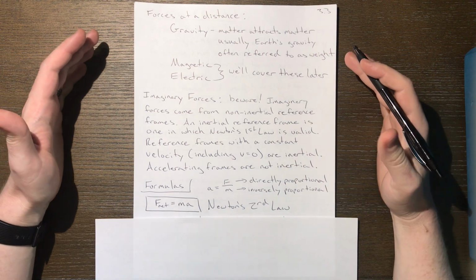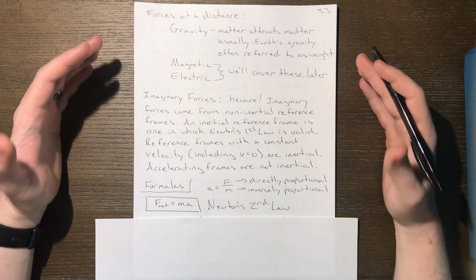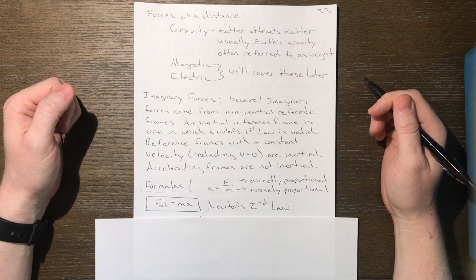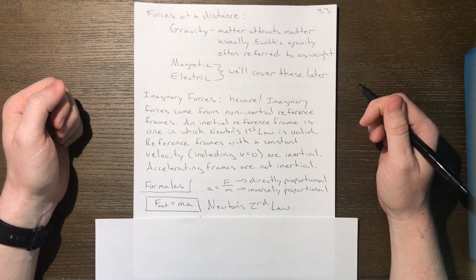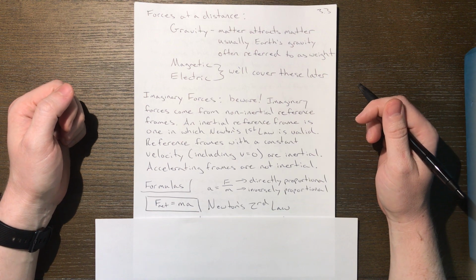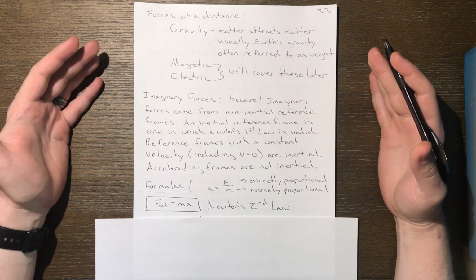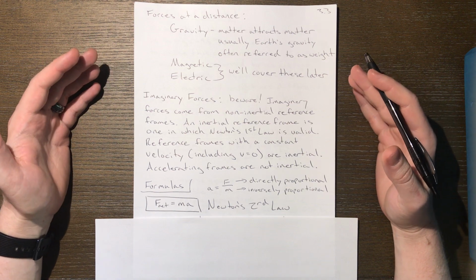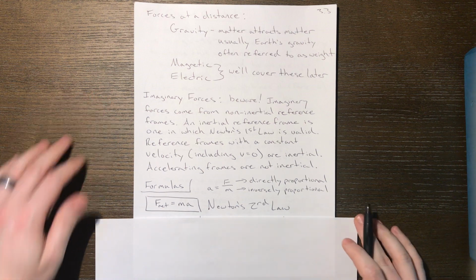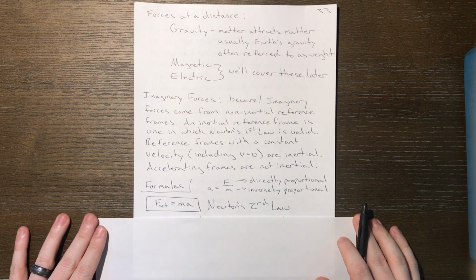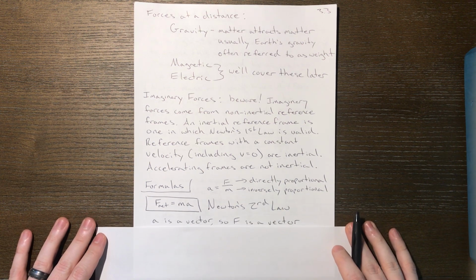And Newton's second law is probably the most important equation in all of physics. It's one of those situations kind of like the debate between Michael Jordan and LeBron James. You're probably never going to come to an agreement as to what is truly the most important, but this is certainly one of the all-time greats when it comes to physics. And let's talk a little bit more about it.